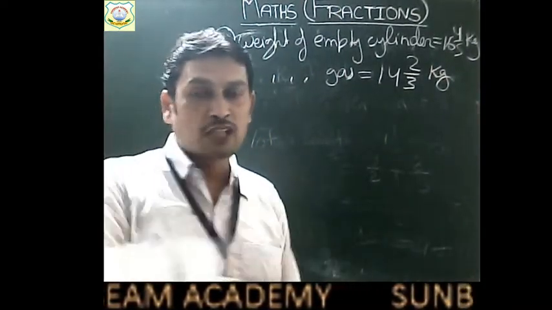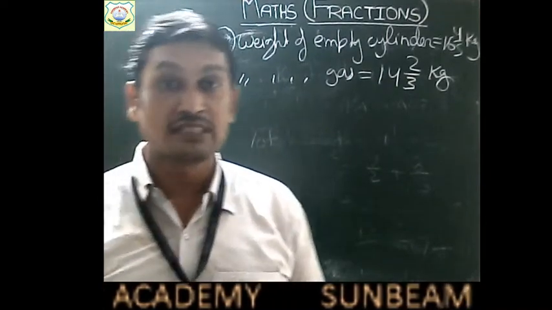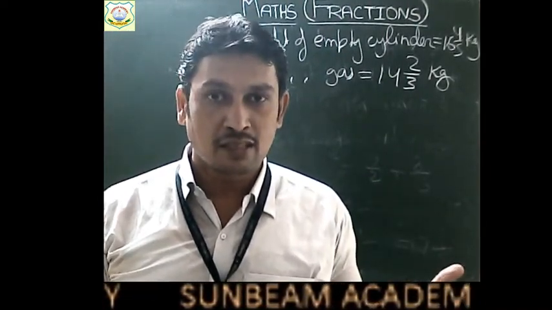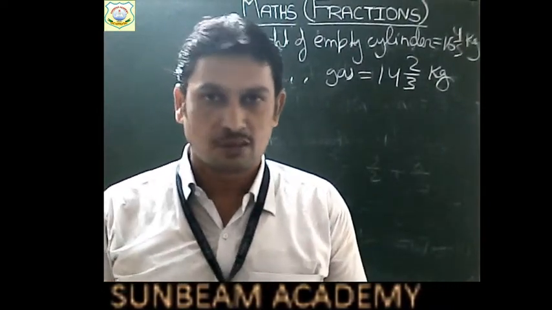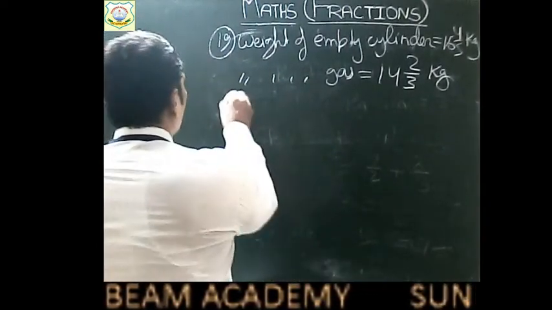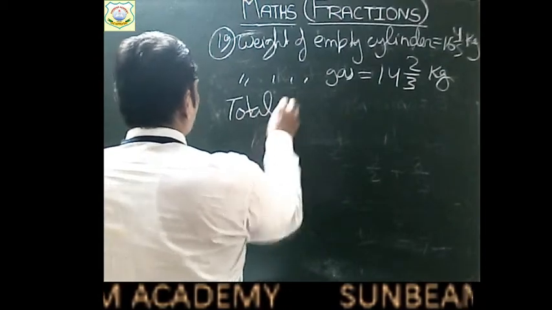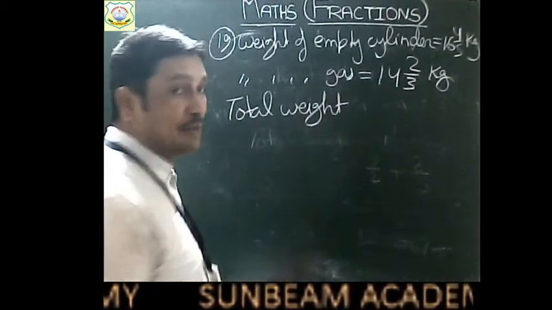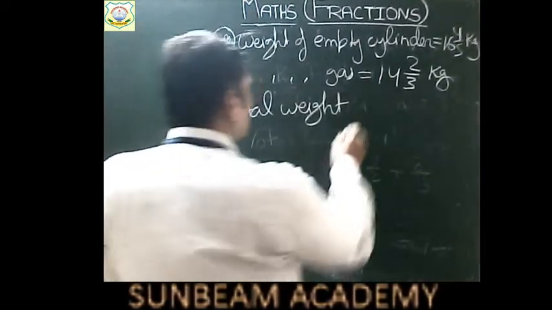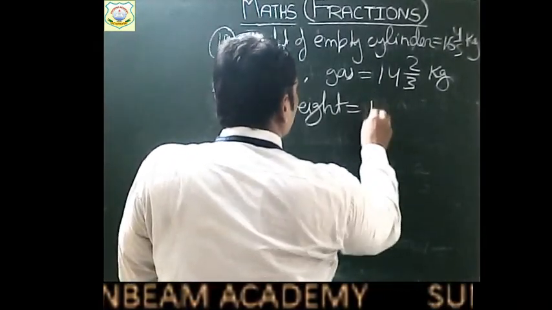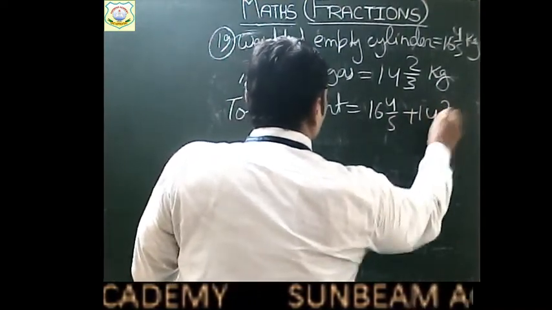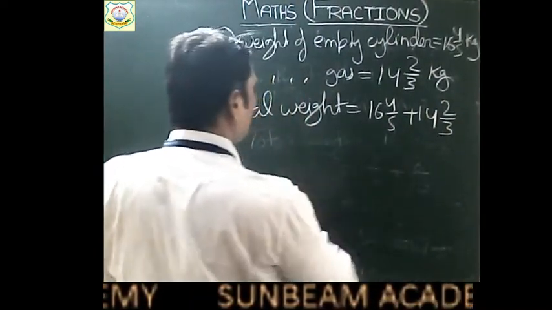To find the total weight of the cylinder with gas, we have to add the weight of the empty cylinder plus the weight of gas. So total weight will be equal to what, children? So add them, children, all of you. 16 whole 4 by 5 plus 14 whole 2 by 3. What do we get, children?